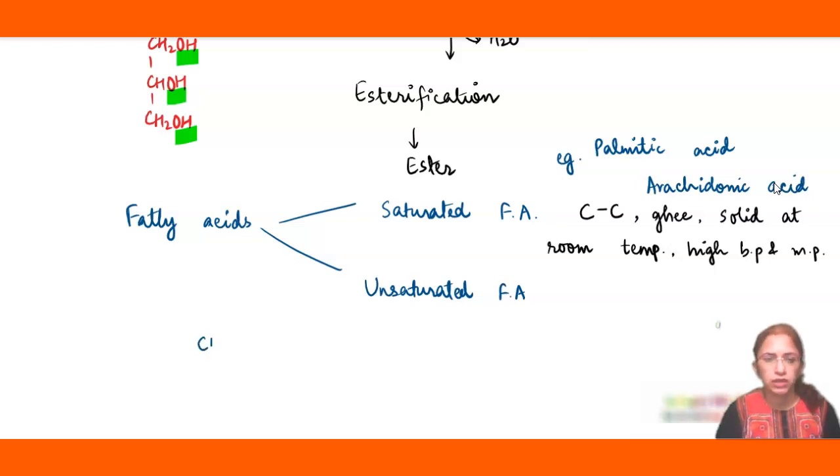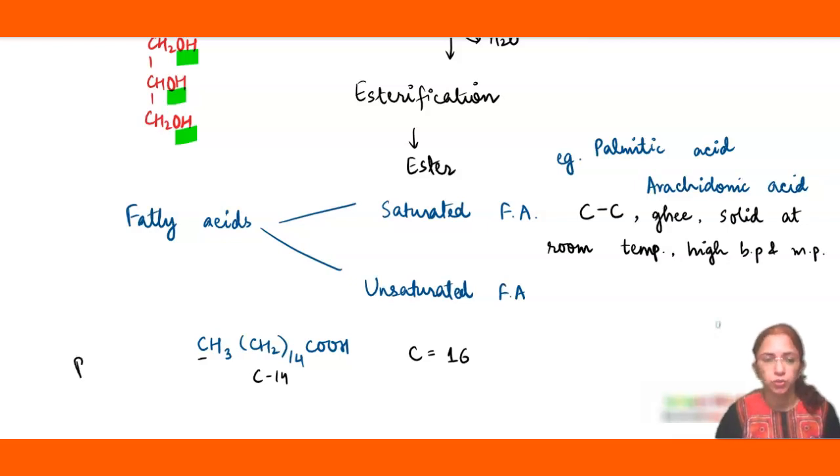Now if you see the structure of palmitic acid, we just need to emphasize the number of carbon atoms in palmitic acid. Okay, so here it is 1, here they are 14, because this is whole to the power 14, and here it is 1. So overall carbon atoms in the case of palmitic acid are 16. This is important to learn.